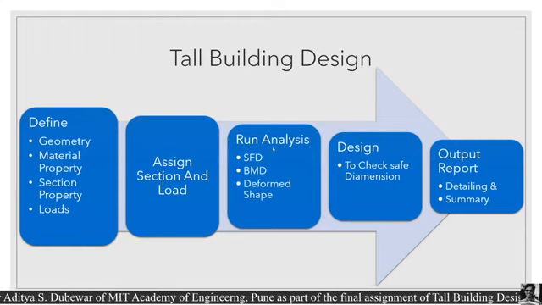Then we run the analysis for the SFD, BMD and deformed shape. Fourth is designing the building to check the section dimensions for the assigned load. Finally, we get the output report, which consists of the detailing and summary of the project we have designed in the software. For this project, we are using the ETABS software.